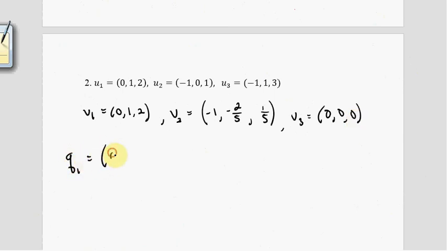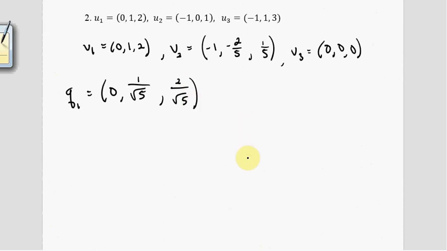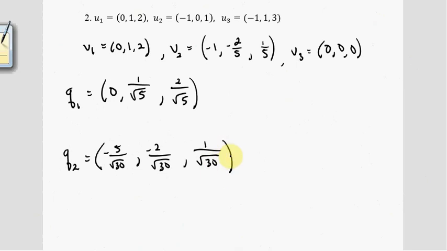So Q1 is 0, 1 over the square root of 5, 2 over the square root of 5. Q sub 2 is negative 5 over the square root of 30, negative 2 over the square root of 30, and then 1 over the square root of 30.